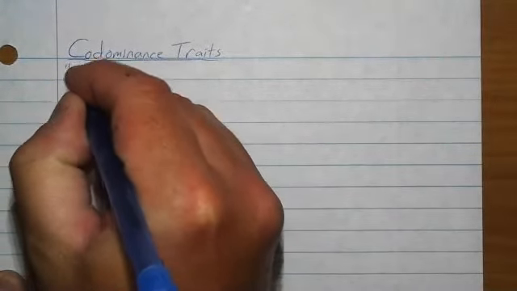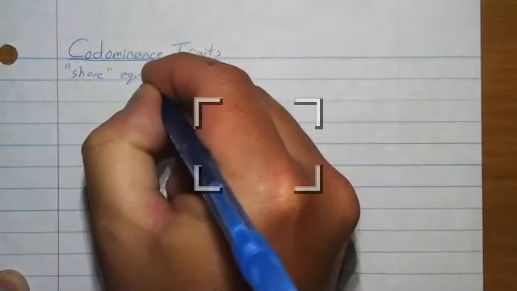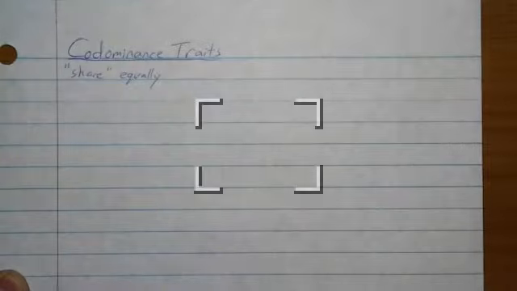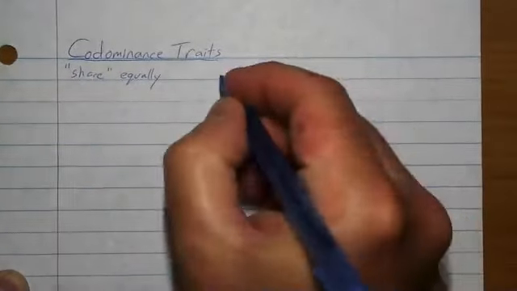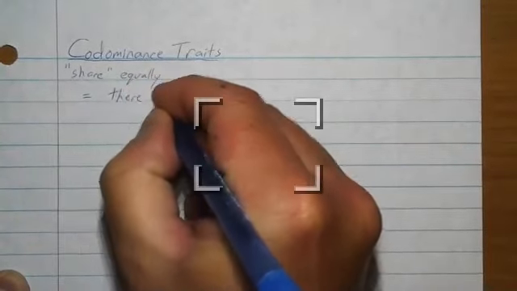So co, what does the prefix co stand for? It stands for basically sharing. So co-captains on a sports team are both captains, and they share equally, or they should. Okay, so what does it mean when you got codominance traits? It basically means that there are two alleles.